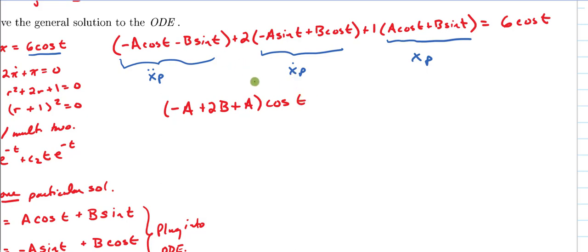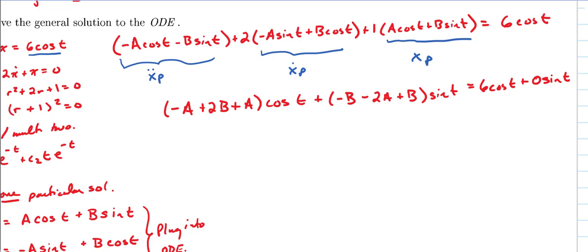And then if I were to collect together all of the sine terms, I'd have a minus b for that sine term, a minus 2a for this sine term, and a plus b for this sine term. All of this needs to equal 6 cosine t plus, and then usually we don't write this, but I will since it's our first time, plus 0 sine t.